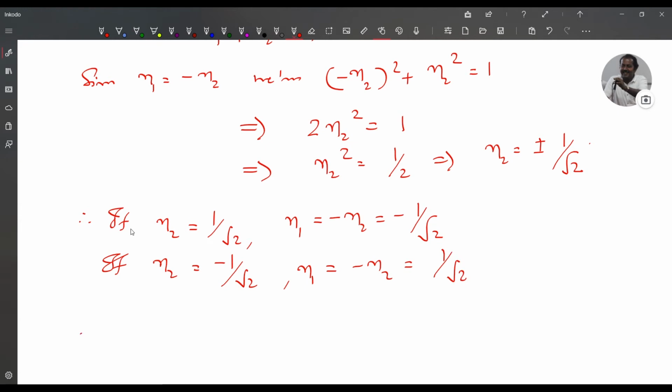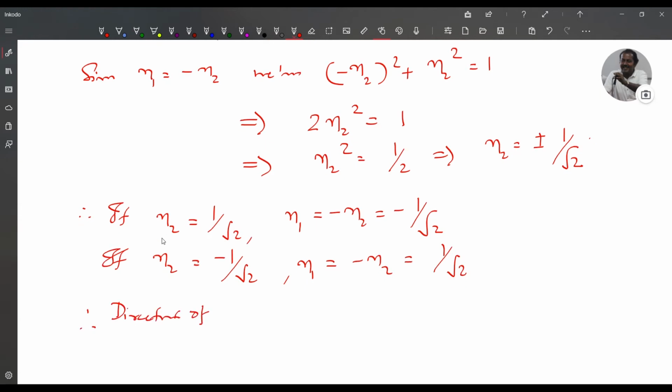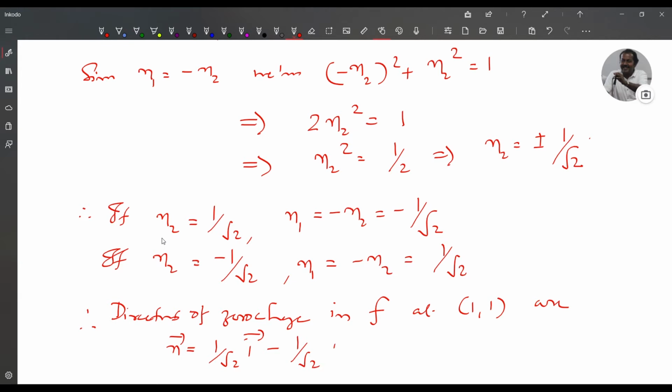Therefore, directions of zero change in f at 1 1 are n equal to 1 by root 2 i minus 1 by root 2 j and n equal to minus 1 by root 2 i plus 1 by root 2 j. So this proves C.